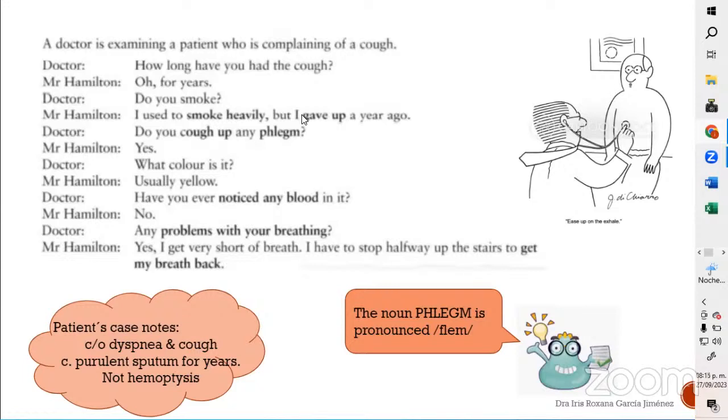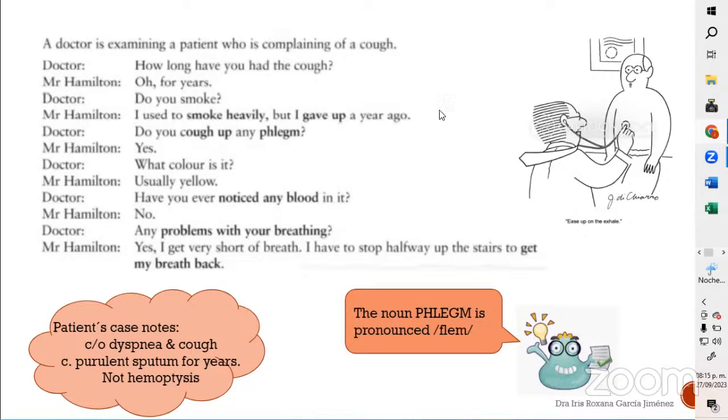Yes. Hi, Juan Octavio, please, you're gonna be the doctor, okay? Okay. And Rinaldi, can you hear me? Yes, teacher. Okay, Rinaldi, good night. You're gonna be Mr. Hamilton. Please read this dialogue.